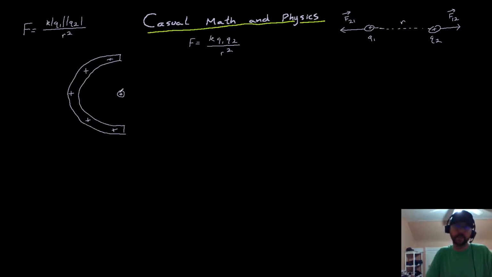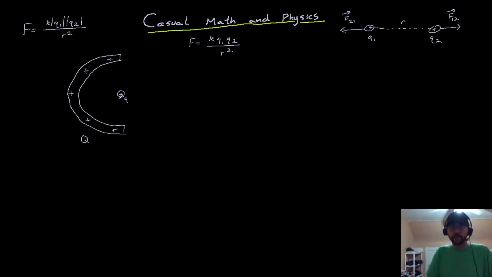The issue is, let's say this is Q1, which we'll just call little q, and this is Q2, which we'll call big Q. Big Q represents the charge of this whole object.